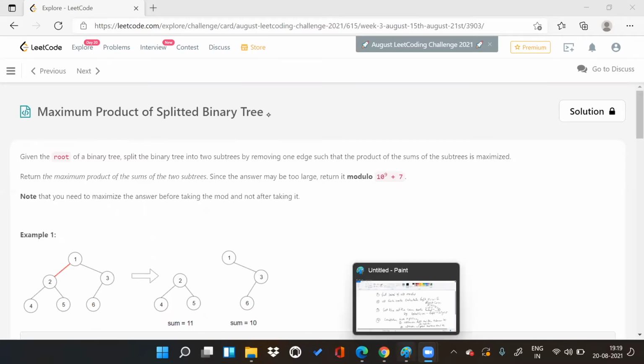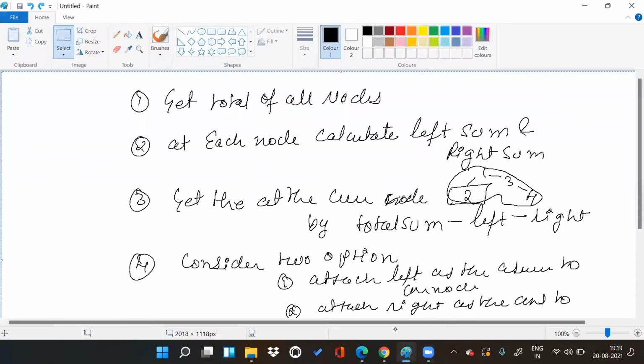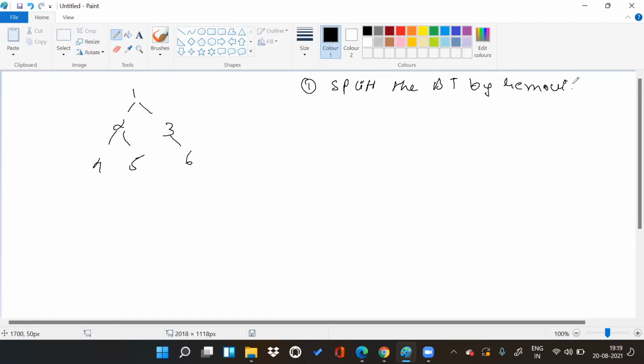Okay, so I'll just brief you around what this problem actually states. Let me take a small example. Let's say we are given a binary tree that looks something like this. The very first thing that the problem wants us to do is split the binary tree by removing an edge.